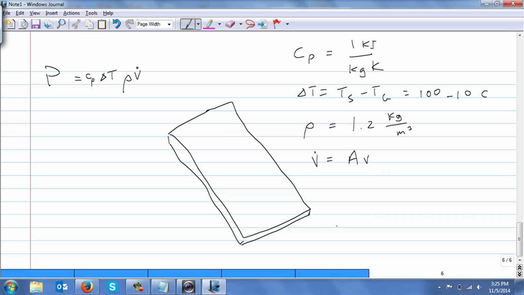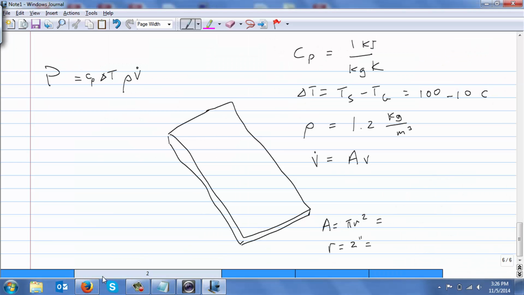And now the area, let's just run through this. Area equals pi r squared, and the radius equals, on this one it's a 4-inch duct, so that's 2 inches. Let's just pop that into meters.